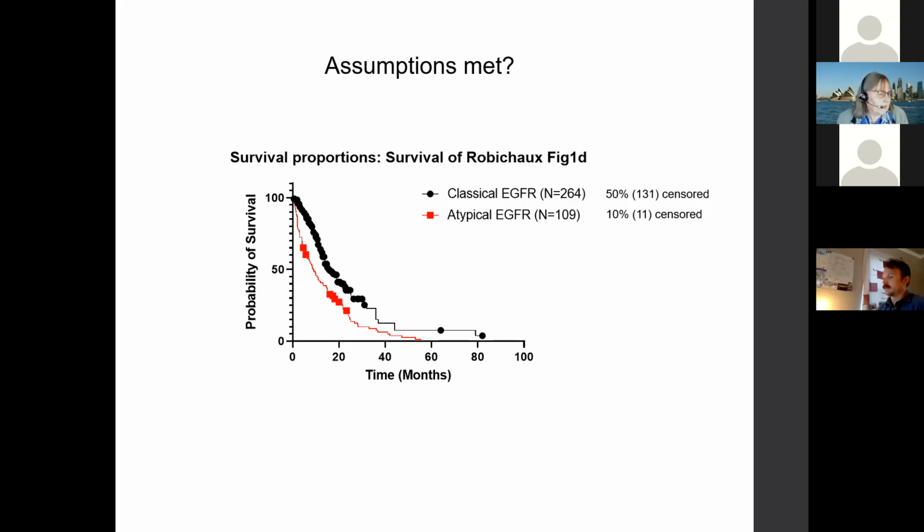I would worry about that, and I would want to explore and maybe find an explanation, and say, well, I don't think this is going to bias my estimate of the survival curve, or maybe it will. Another warning sign is that only 10% of the atypical ones were censored, whereas 50% of the classical were. So again, I would wonder about that.